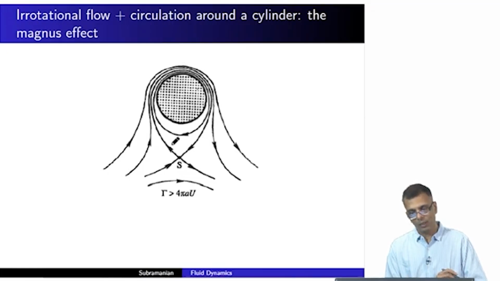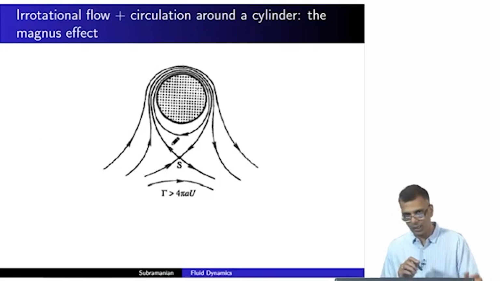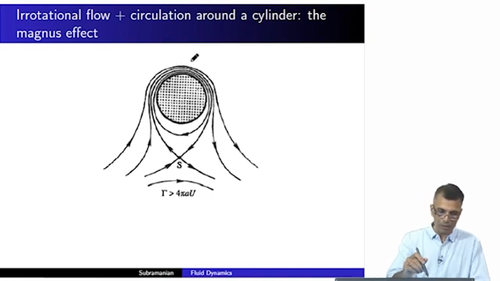Okay. Now what's this saying? What's the density of streamlines? What does it say? In other words, the velocity is higher here, right?